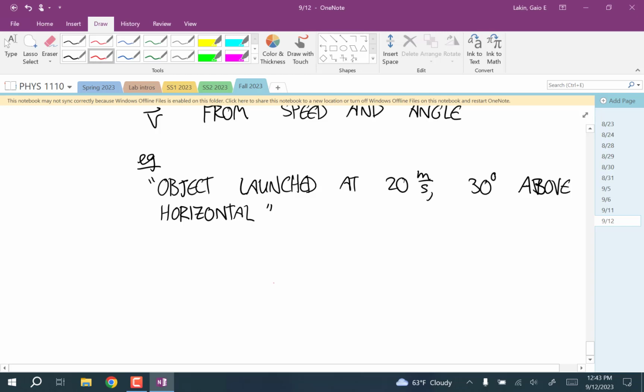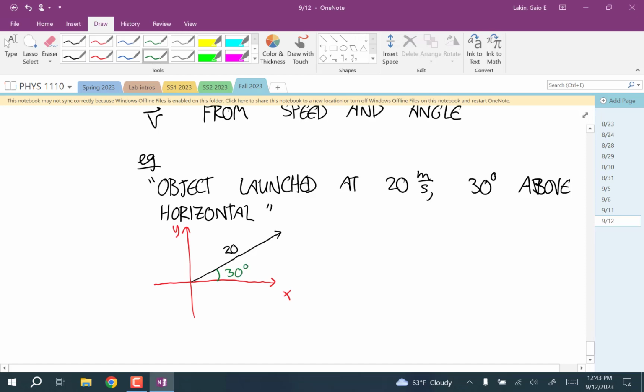Well, to picture that, choose your coordinate system. You know that your vector has a magnitude of 20, and it makes an angle of 30 degrees with the horizontal.